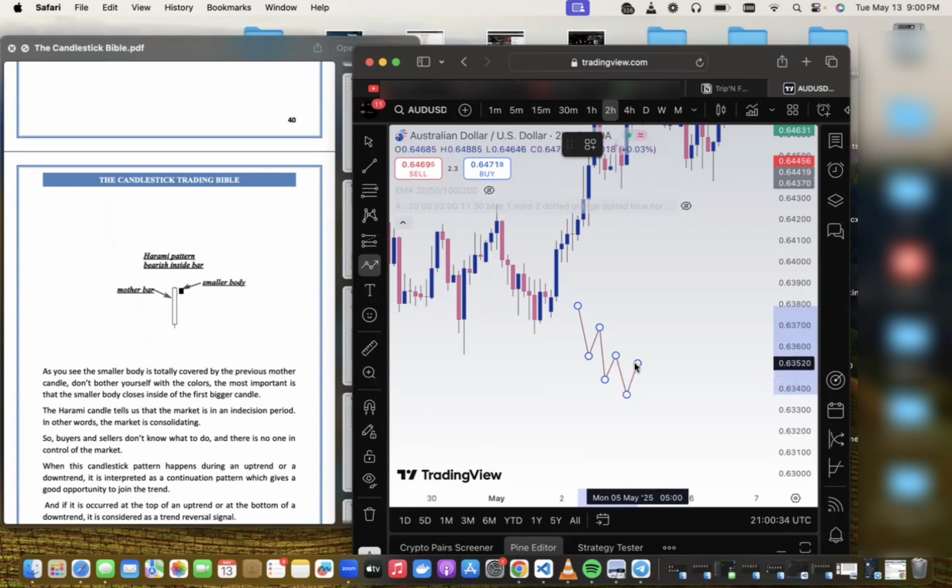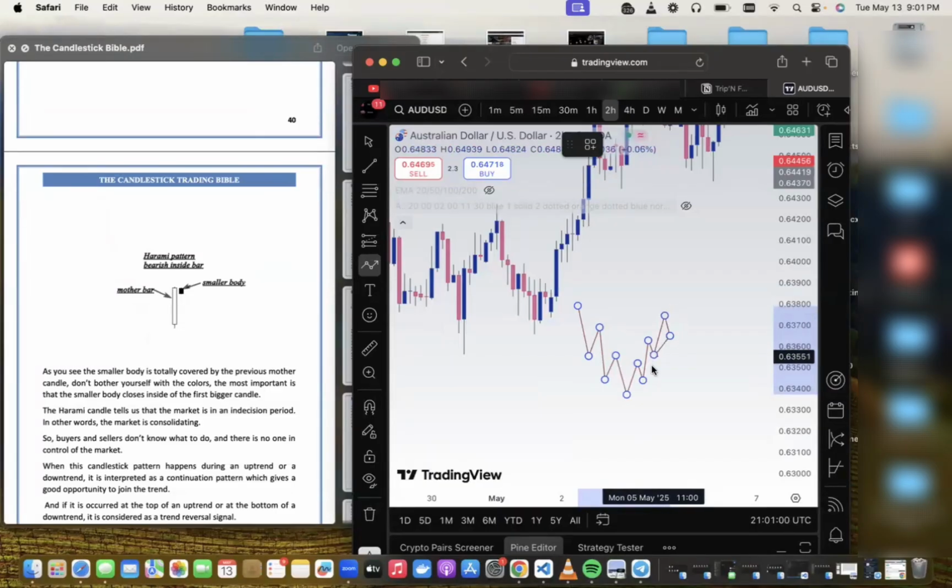It gets here, and then we see this candlestick pattern at this level. Obviously, your entry should have been here if you wanted to take buys. But if you see the candlestick pattern around here, it means that it's probably going to continue. So when you see the Harami here, it can be good for you to join the trend. Then the markets will go up.